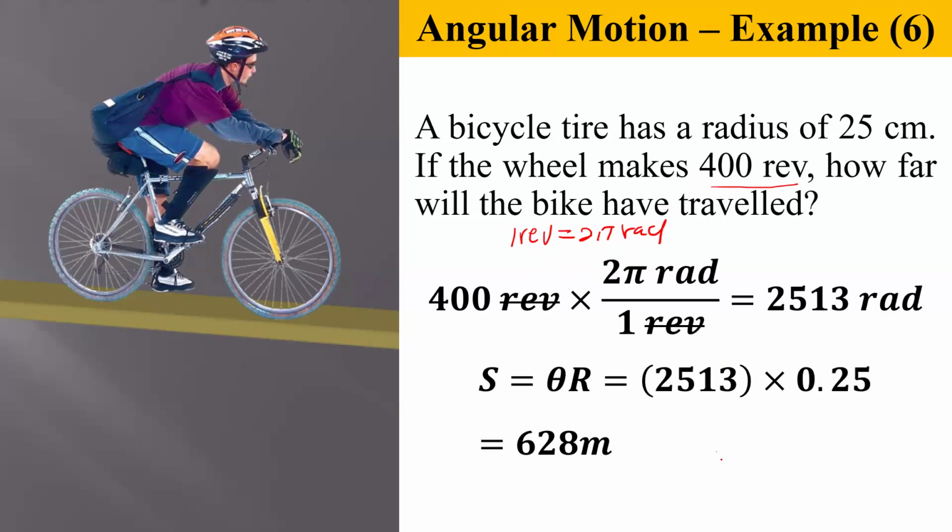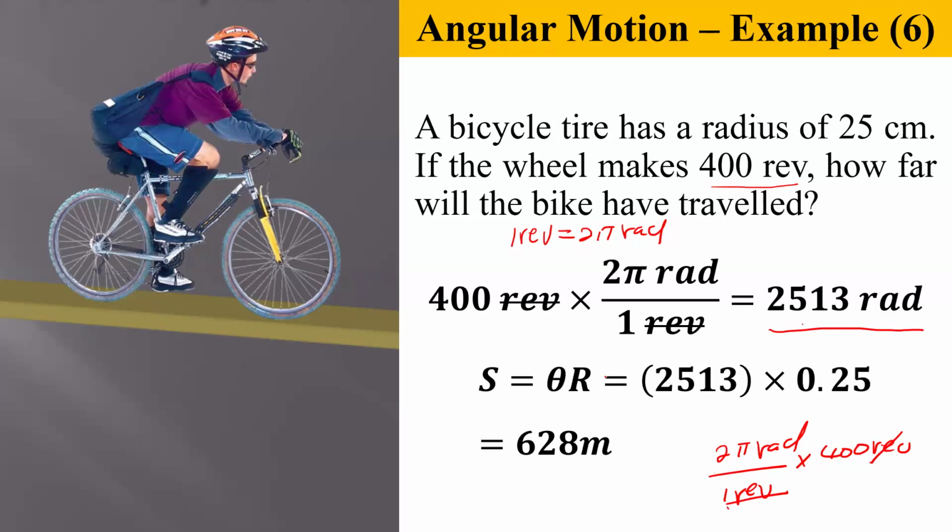So this time you're going to put 2 pi rads upon 1 rev, and then you multiply the 400 rev times that. So that would cancel out the rev, and you'll just be left with 2 pi rads times the 400. So it will give you that amount of rads. All right?